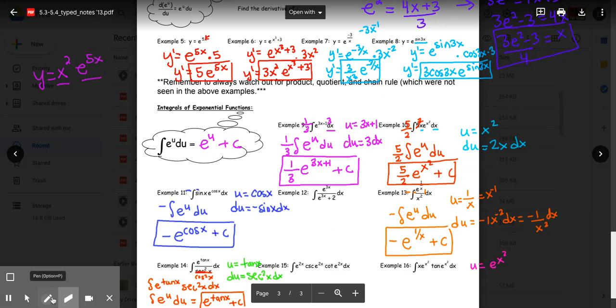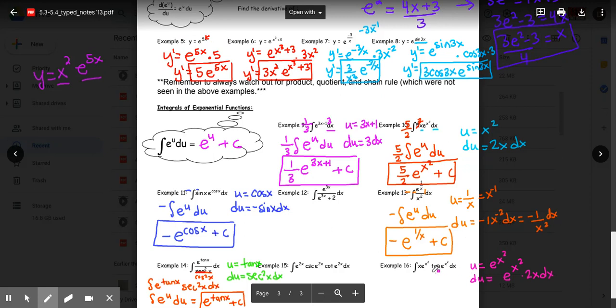Okay, so my du would be, derivative of an exponential is keep it the same times the derivative of the exponent, which is 2x times dx. We just learned that up here, okay?